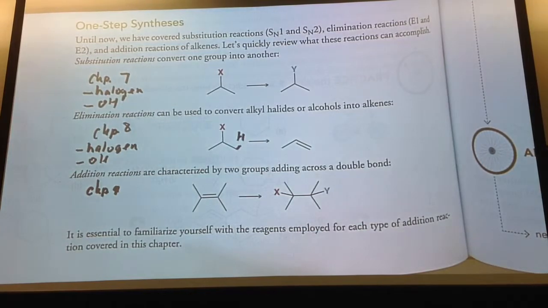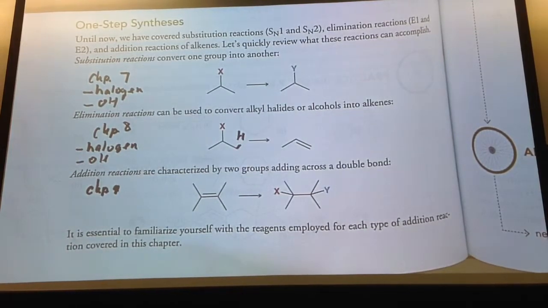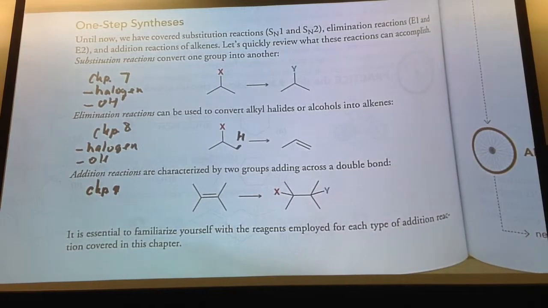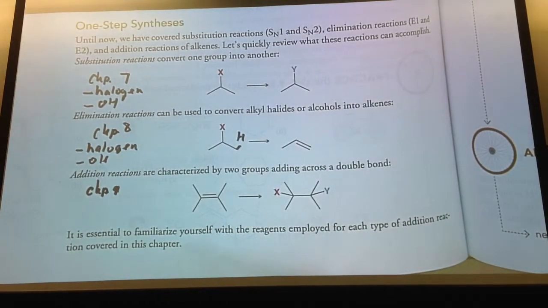So you can have the same halogen across, but you can have 2 different halogens or a halogen and OH. Then you can also have OH and OH. I think these are the only ones we covered for addition reactions. Anyway, so it's fair enough.